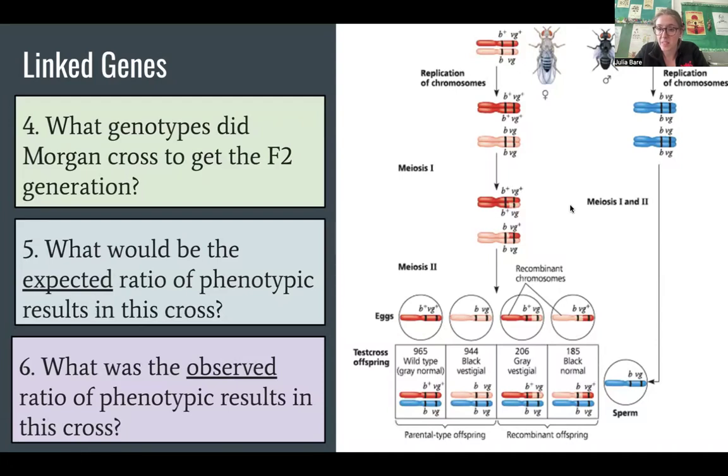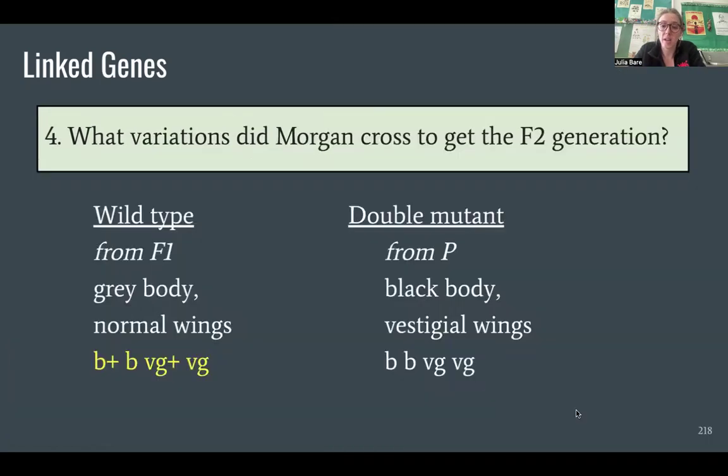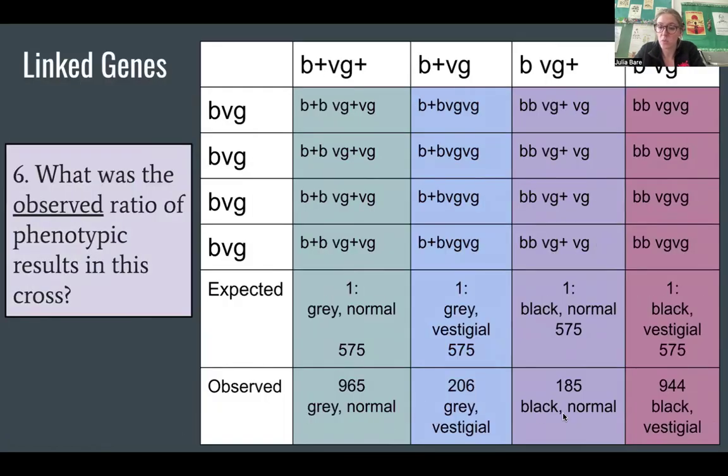I got them from this diagram. The last generation, I got 965 wild type offspring, 944 black vestigial, 206 gray vestigial, and 185 black normal. So that's where I got these values.